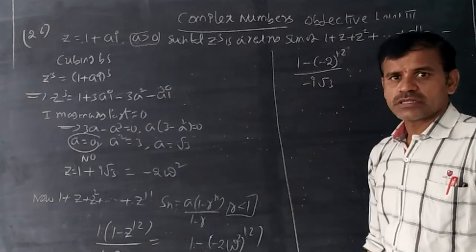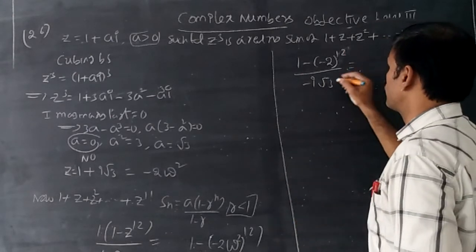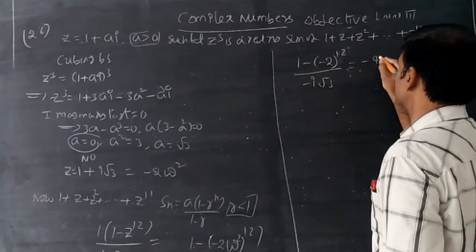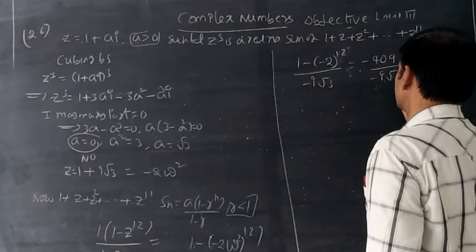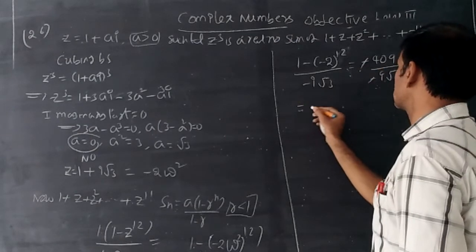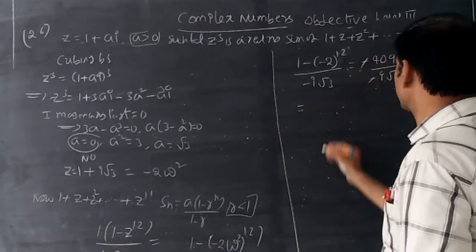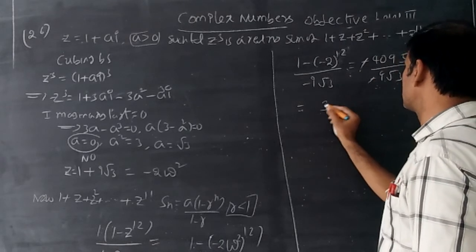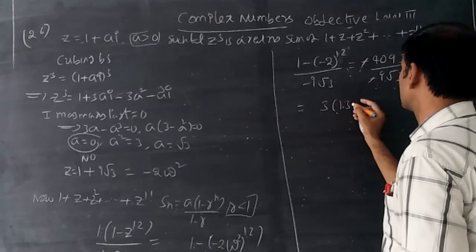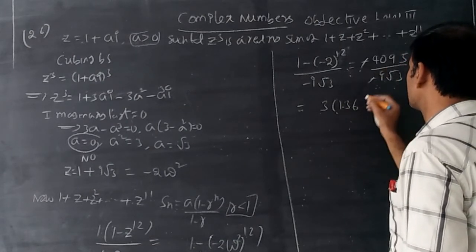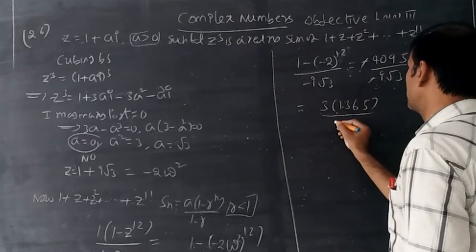2 power 12 means 4096. So 1 minus 4096 becomes minus 4095, divided by minus i root 3, the minus signs cancel. Now 4095 divided by 3 is 1365, so we get 1365 by i root 3.